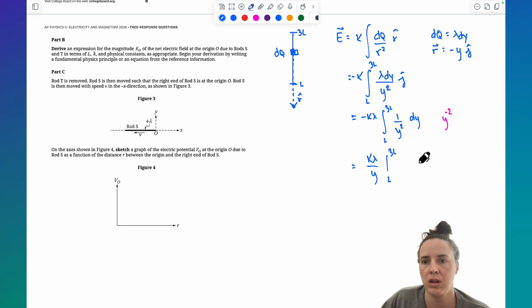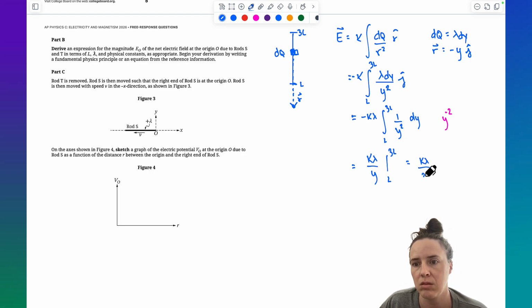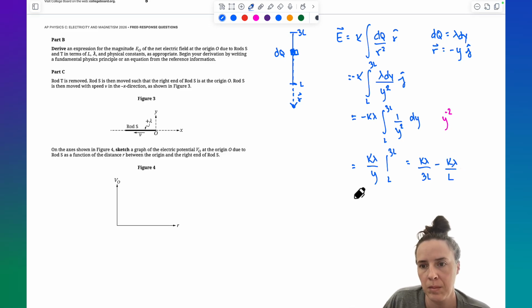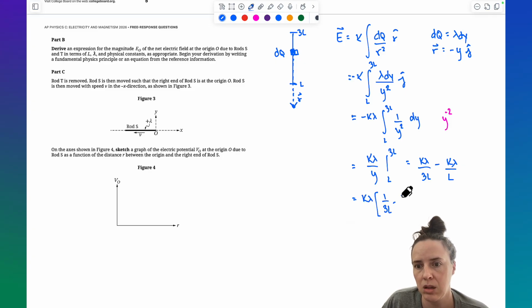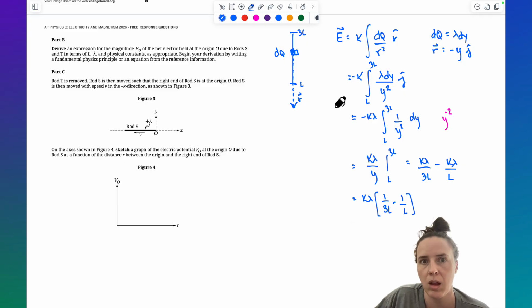Okie doke. If I plug in my limits, that's going to give me k lambda over 3L minus k lambda over L. Let's go ahead and take that k lambda out. 1 over 3L minus 1 over L. Let's get a common denominator there.